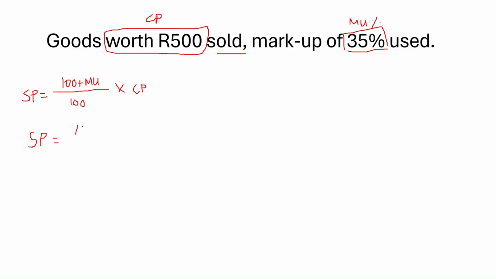We should know this is basically 135 because it's 100 plus the markup, which would give us 135. So we'll just put 135 here over 100. I could also just cut to 1,35 because we should know how to divide that by now. Times 500. Okay.